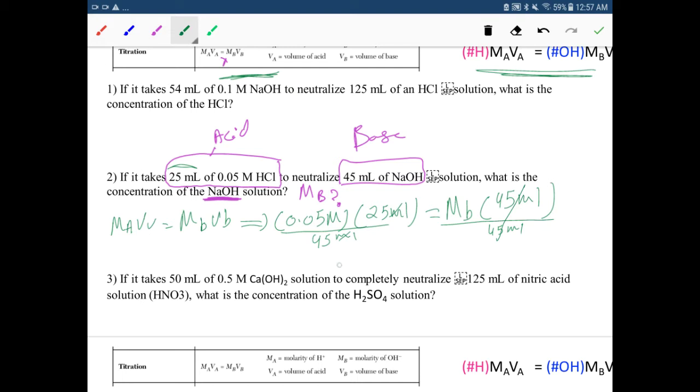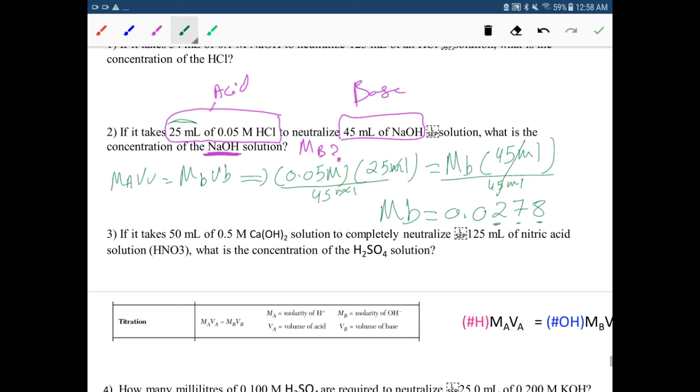You will get MB equal to 0.02777 or 0.278. You could round to the nearest thousandth or ten-thousandth. Doesn't matter, as long as you keep 3 non-zero digits, that usually makes a good number so that you don't make any errors.